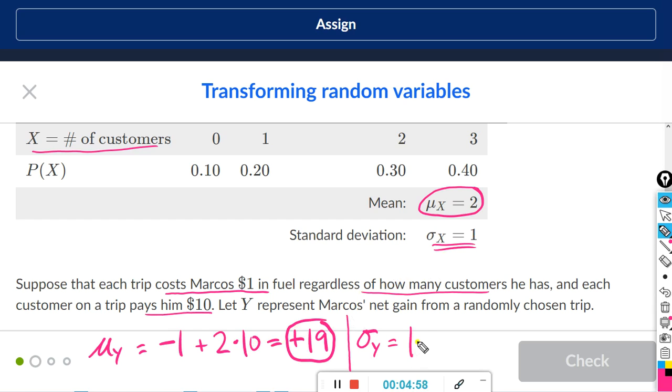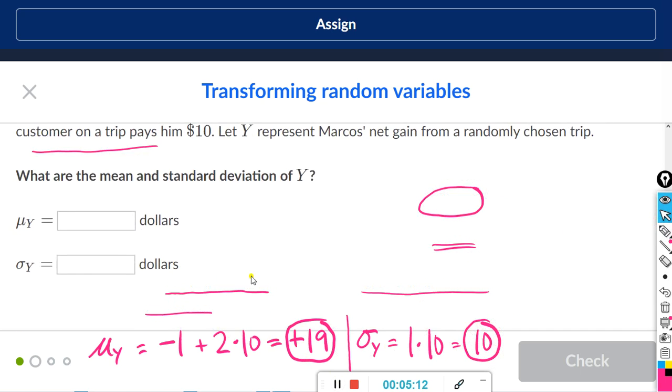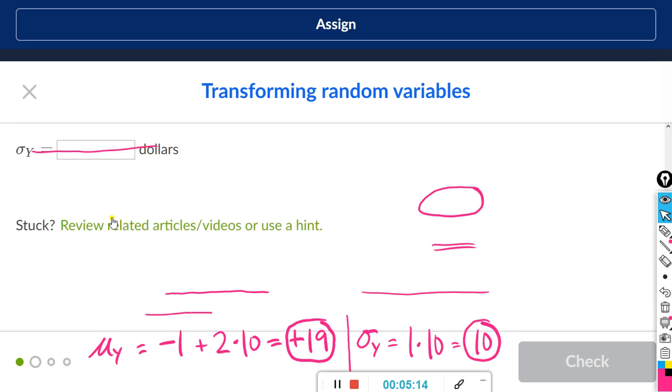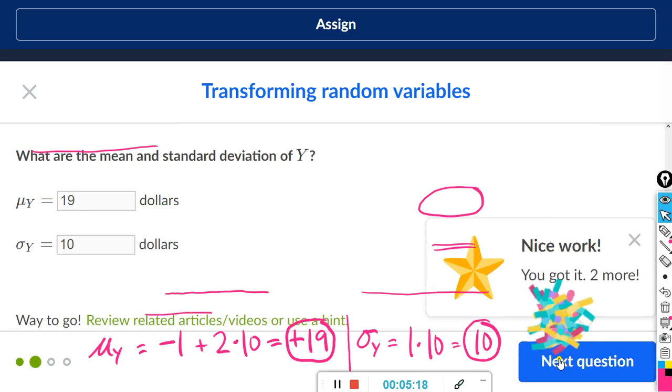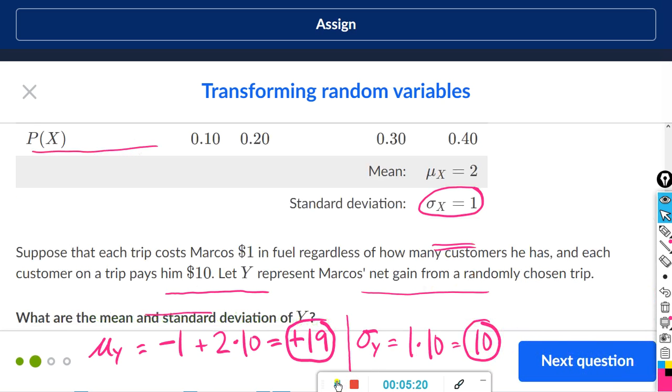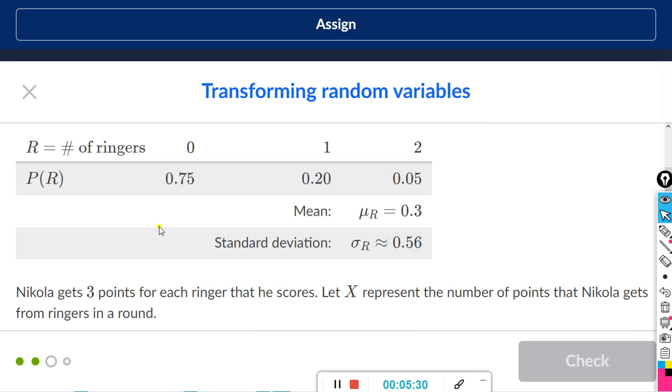So it's just going to be 1 times 10, because each customer pays him $10. So we have 19 and 10. Notice I used the same formula twice, but I left off the minus 1 for the standard deviation. I'm going to skip the write-up on this one.